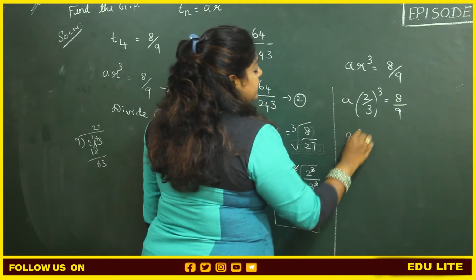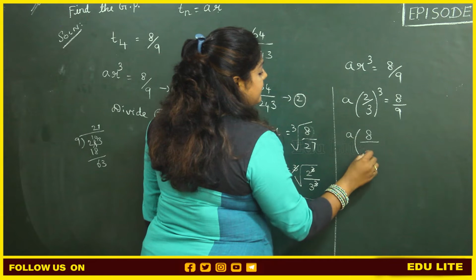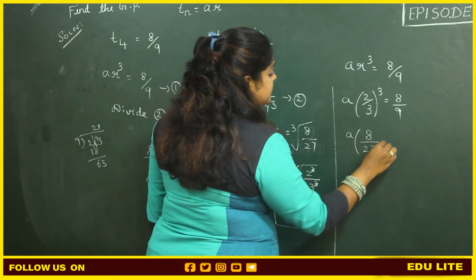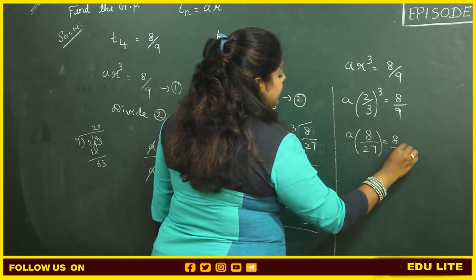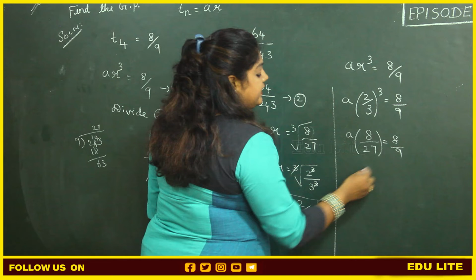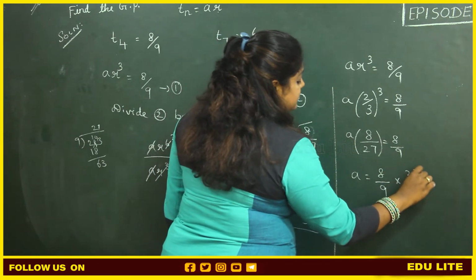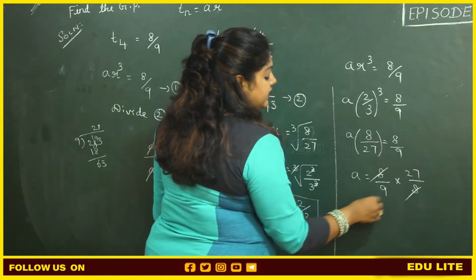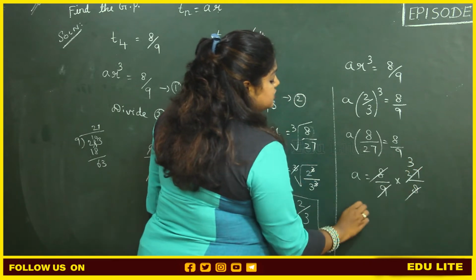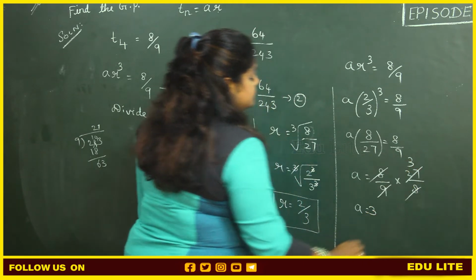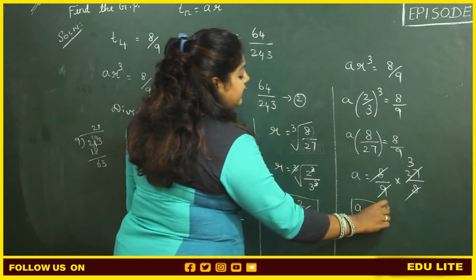Therefore, a into 8 by 27 is equal to 8 by 9. If it goes to the other side, it will be the reciprocal, that is 8 by 9 into 27 by 8. The 8 and 8 will get cancelled. This is 3. So, a is equal to 3. Thus, we have found the values of a and r.